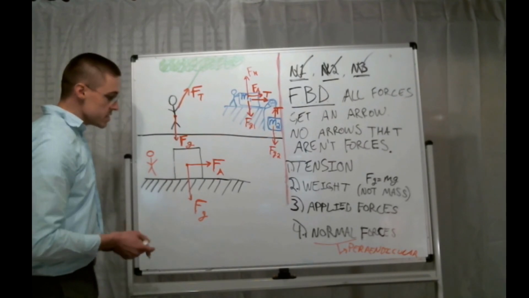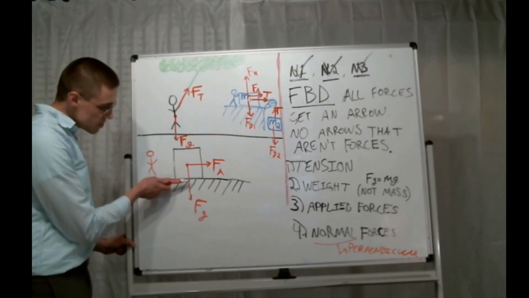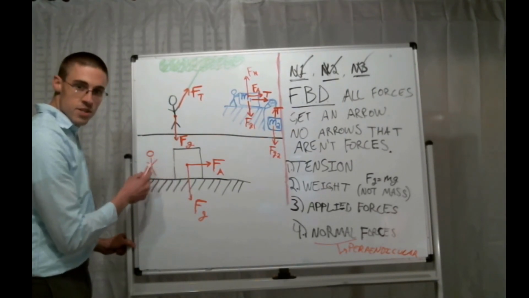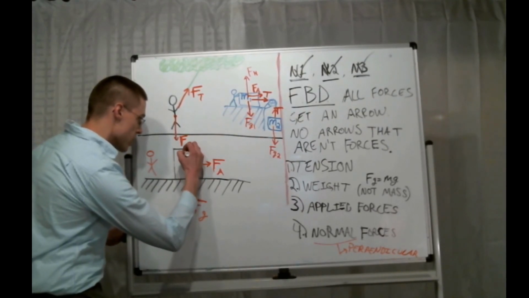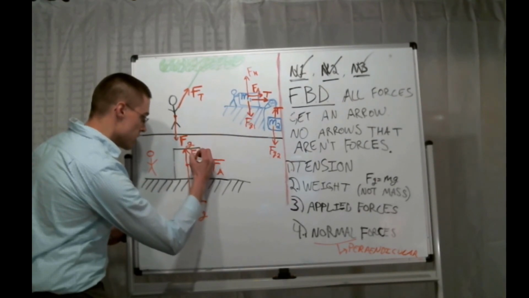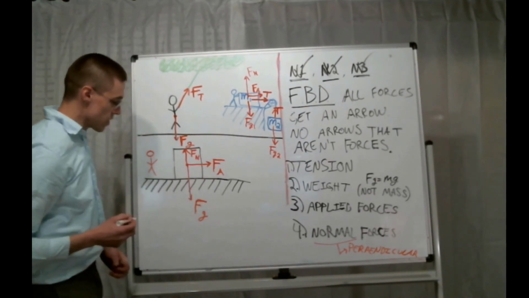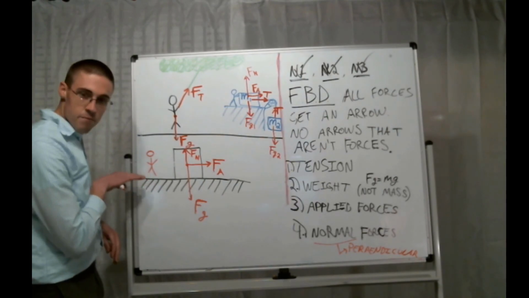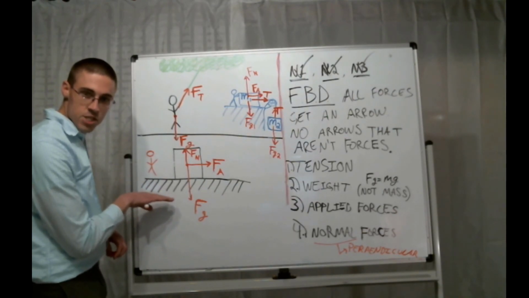And finally, since the box is resting on a surface, that surface is exerting a force on it, so there's a normal force pushing up. That's normal. Okay, I'm taking this to be a frictionless surface since we haven't talked about friction.